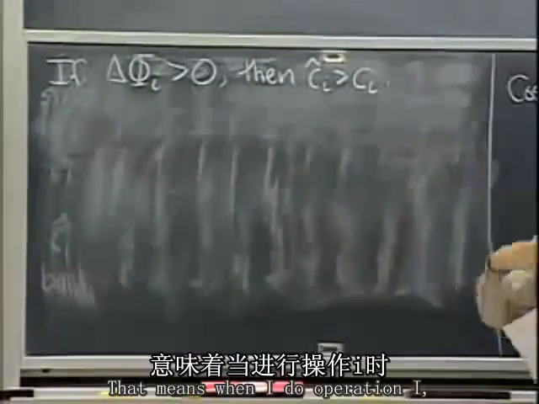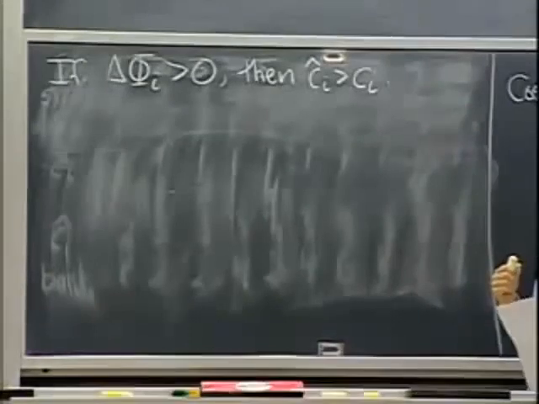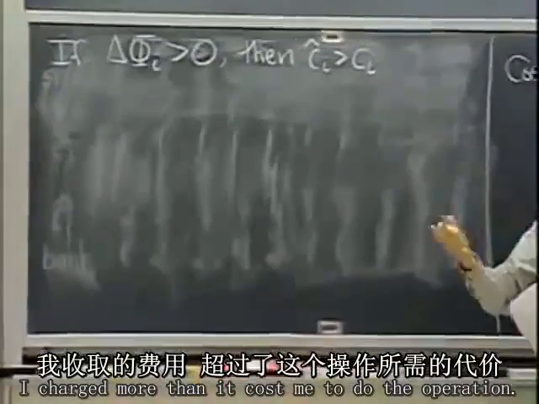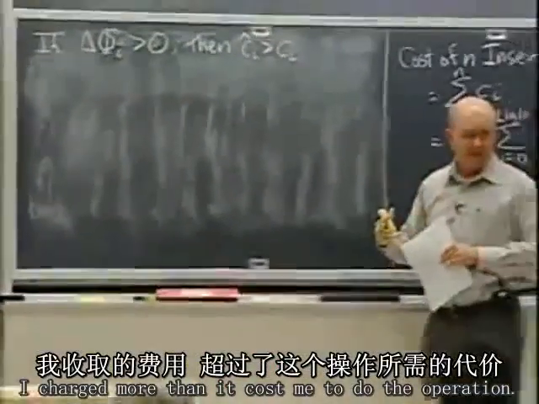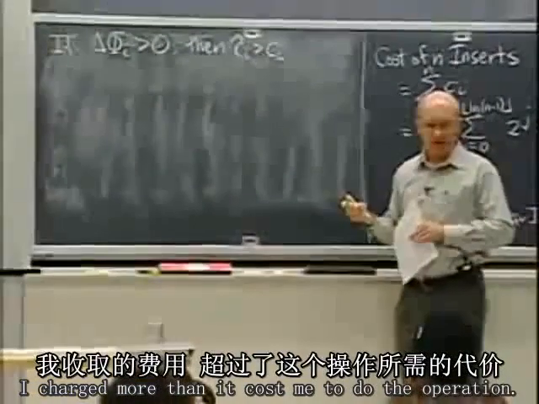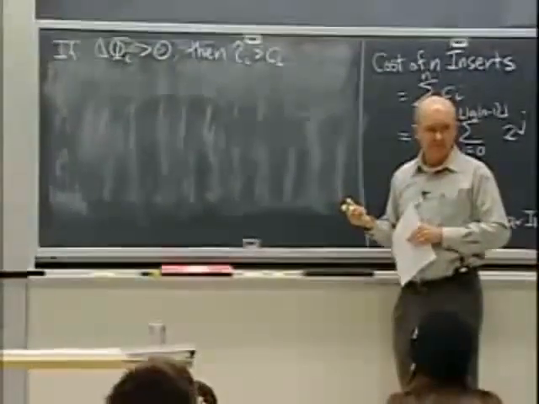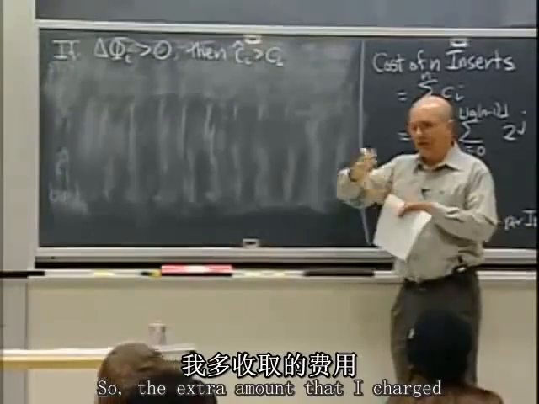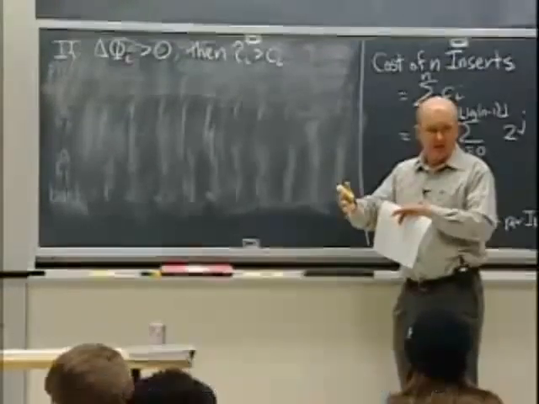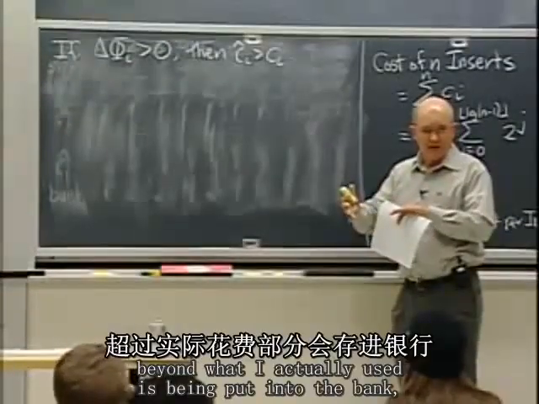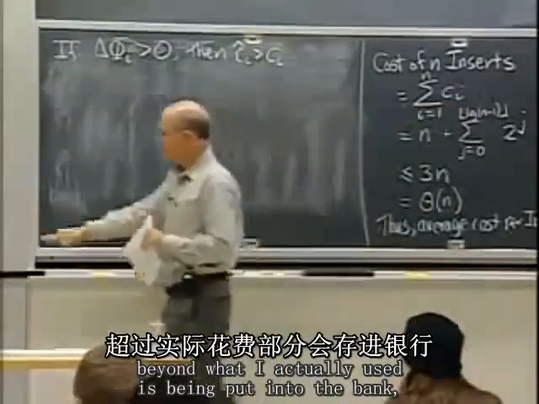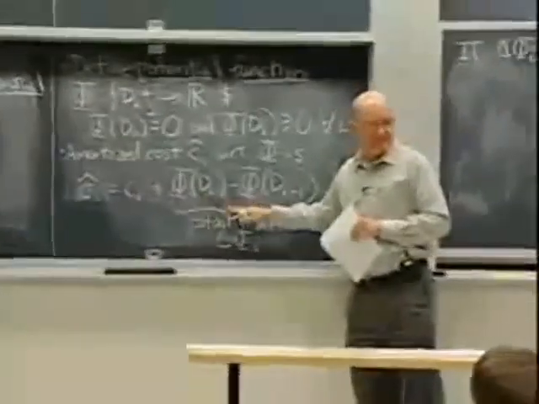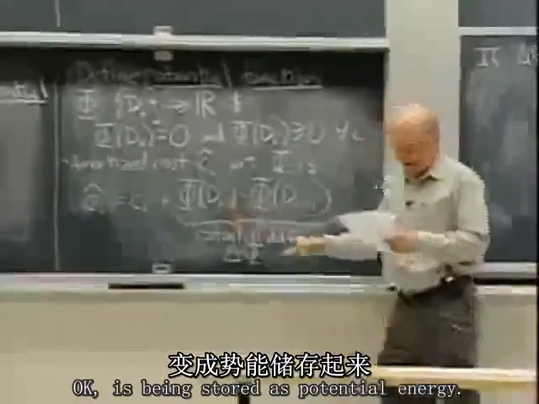That means when I do operation I, I charged more than it cost me to do the operation. So the extra amount that I charged, beyond what I actually used, is being put into the bank. Okay, it is being stored as potential energy.